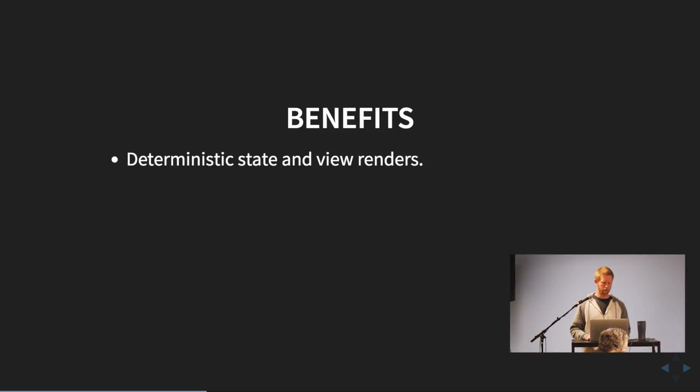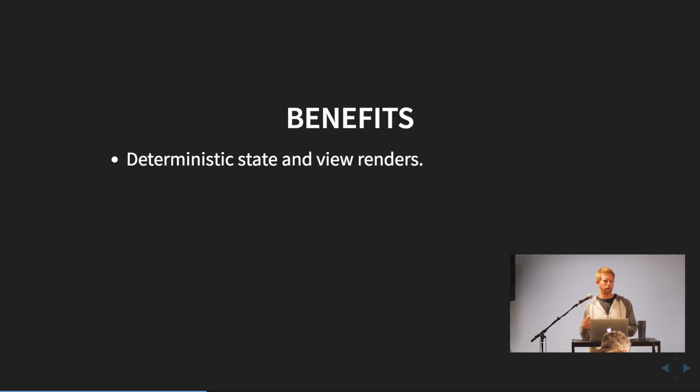One, we have deterministic state, meaning that we always know what our state is. So if we imagine our UI as a function that takes as an argument an object, an application state, if it is a pure function, it will always return the same thing.